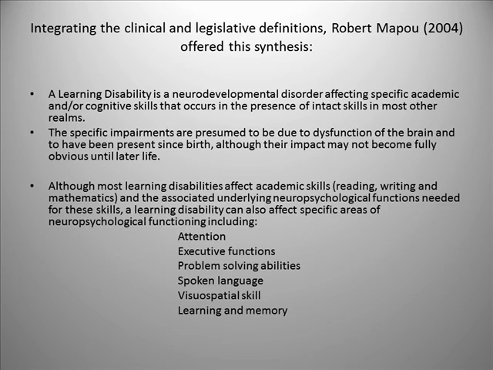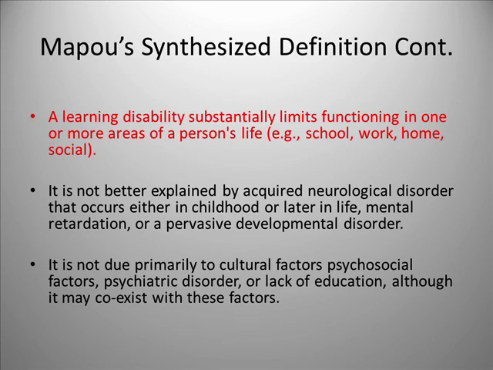Although most learning disabilities affect academic skills, it's these specific information processing areas that are actually dysfunctional. Now, Mapu is talking about LD coexisting. I would make the argument that these are the underlying factors that are actually causative. A learning disability substantially limits functioning in one or more areas of a person's life.